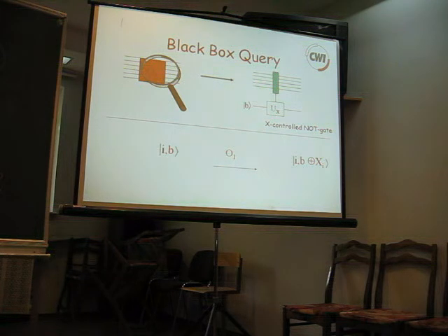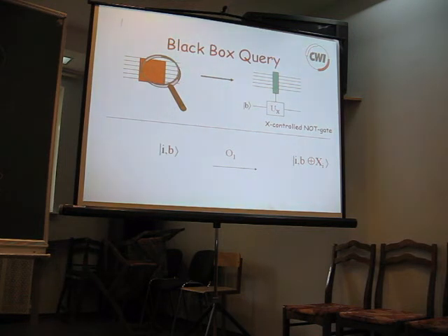Put in different words, if I put in a basis state |i, b>, where b is a bit, then after the oracle query I get |i, b plus the value of xi>.